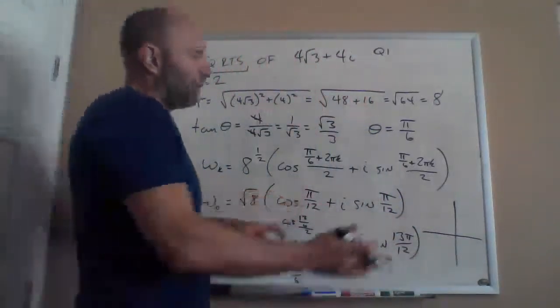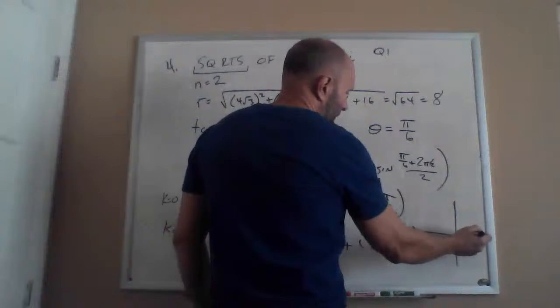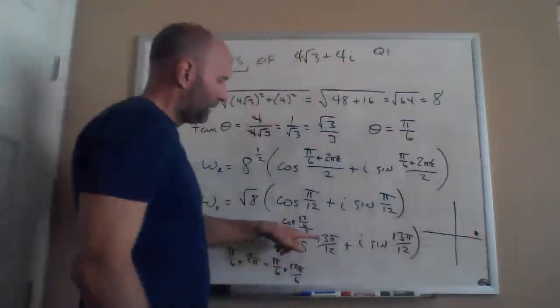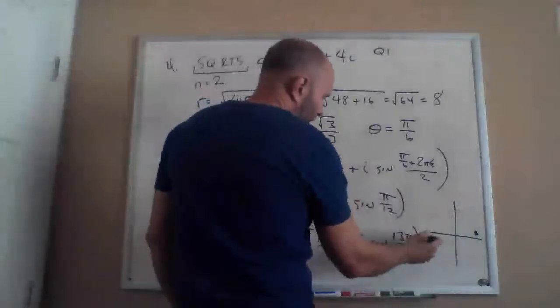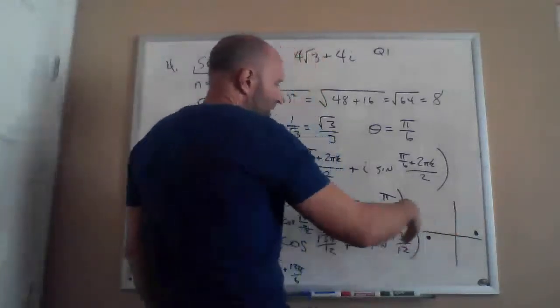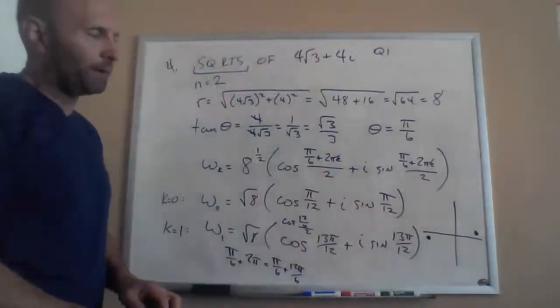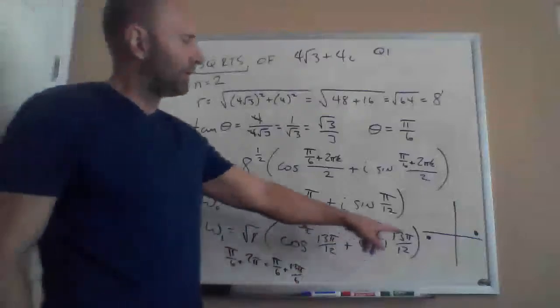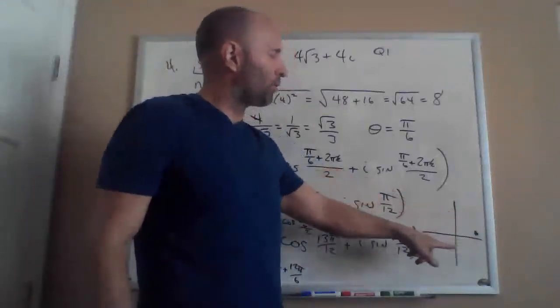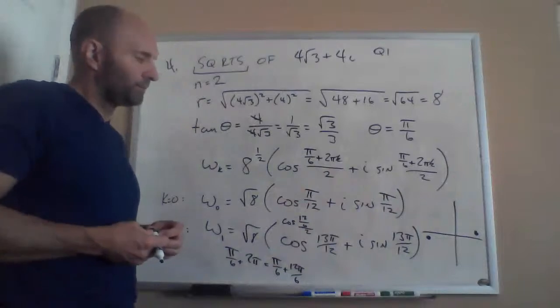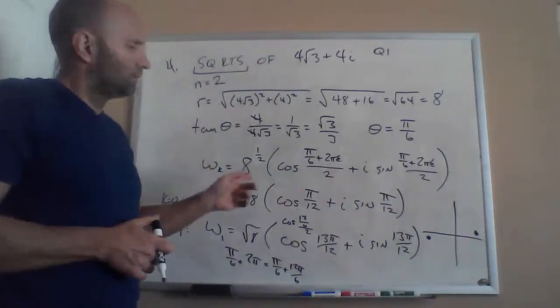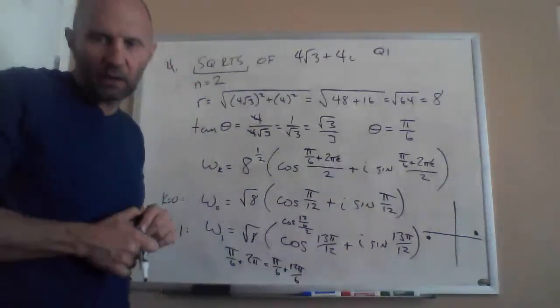So pi over 12, that's barely into quadrant 1. And 13 pi over 12, that's a little bit more than 1 pi, so it's barely into quadrant 3. So it's going to be those 2 points there. You want to pick out the graph that has a point barely into quadrant 1 and barely into quadrant 3. So questions on this guy?